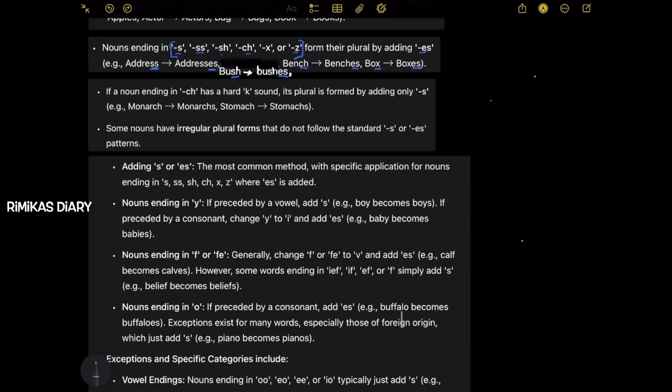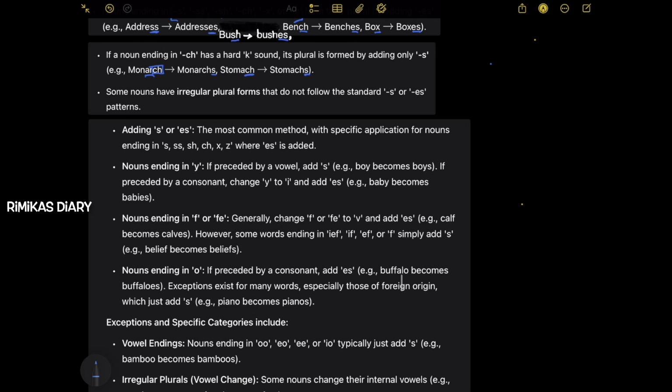When you pronounce the words, you can decide if you add es or only s. For example, monarch. Monarch ends with ch, but when you pronounce it, it makes a hard k sound. So you only add s at the end. Monarch, monarchs. Stomach, stomachs.